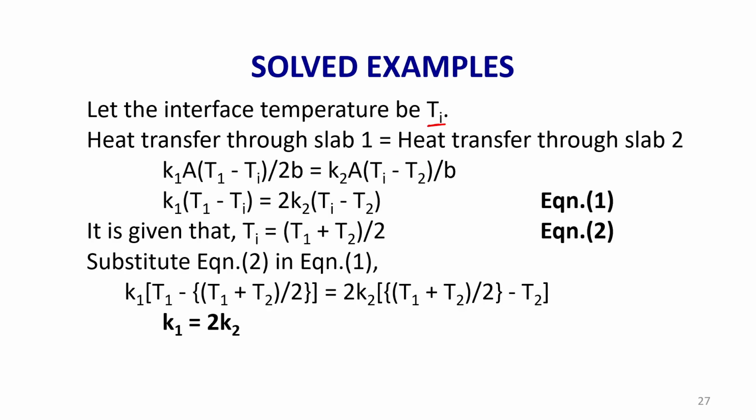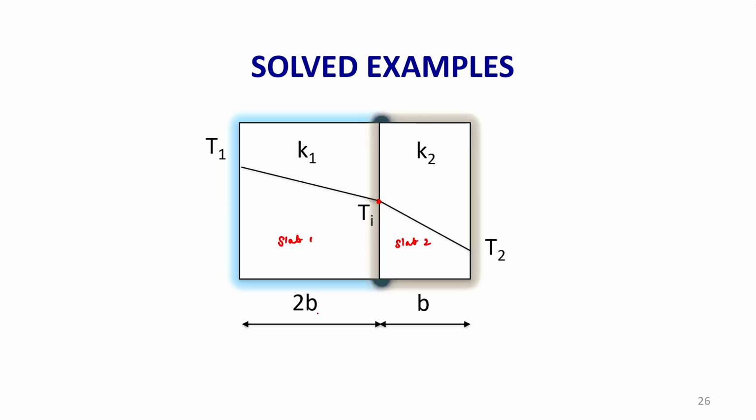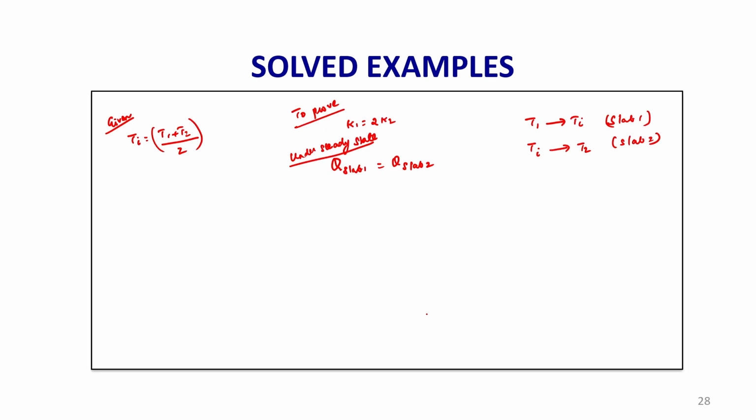Okay, so, let us quickly apply the Fourier law of heat conduction: K1 A into T1 to Ti by, here it is 2b. See, the thickness of slab 1 is 2b, and the thickness of slab 2 is b. So, let me write also that L1 is the thickness of slab 1 and L2 is given as b.